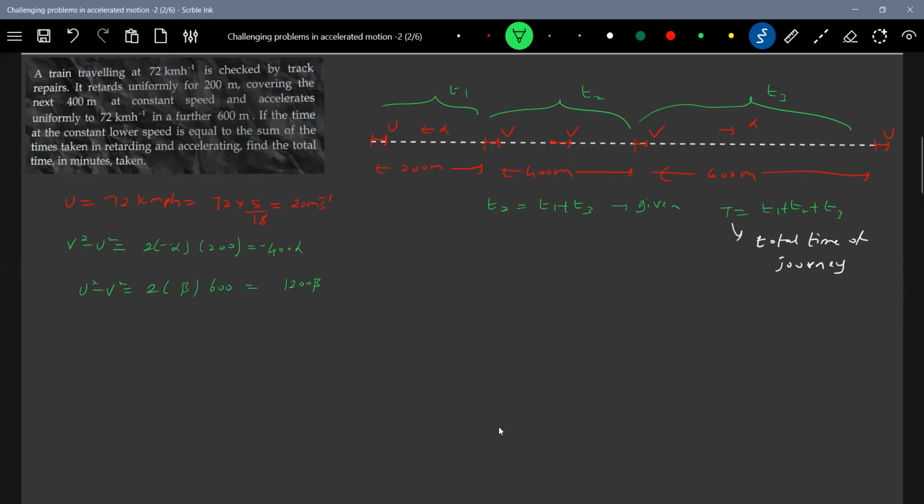Equating these two, we will get beta equal to 2 alpha by 7.